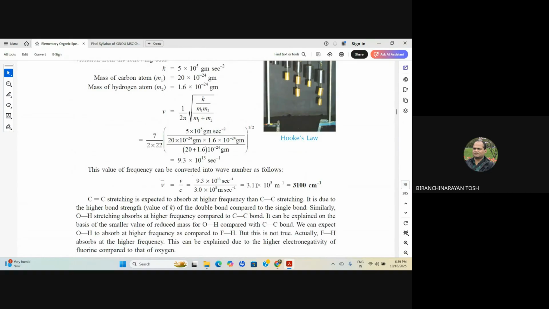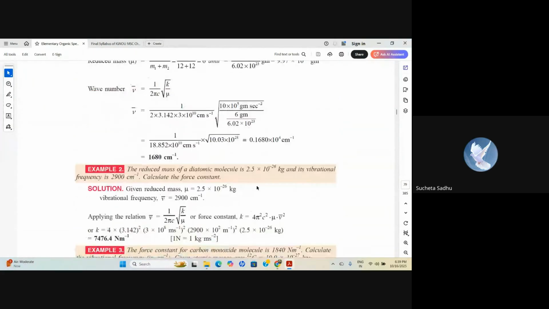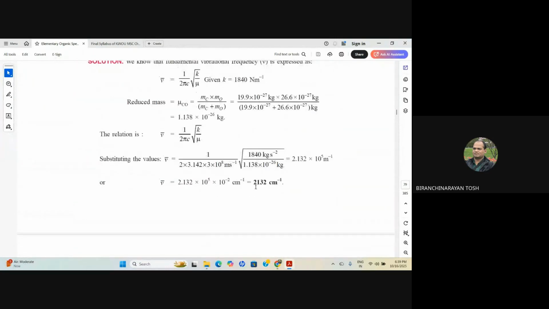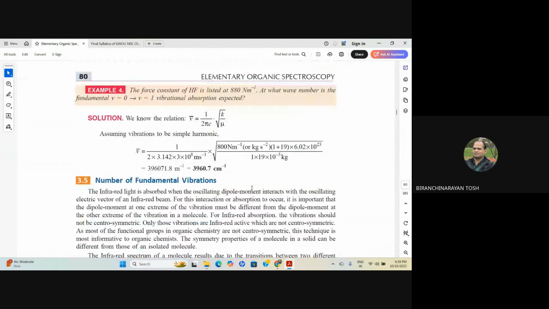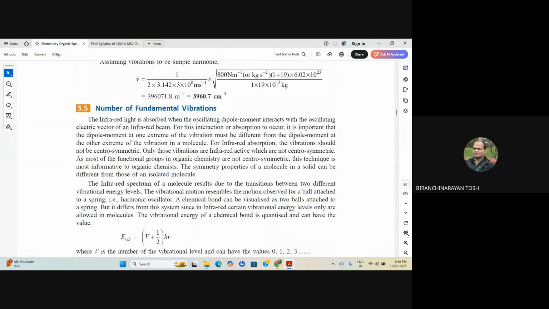These things will be reflected in the spectrogram. I'll give the example. Why I am discussing the number of fundamental vibrations is that it indicates how the peak looks, whether it is a sharp peak or a broad peak.